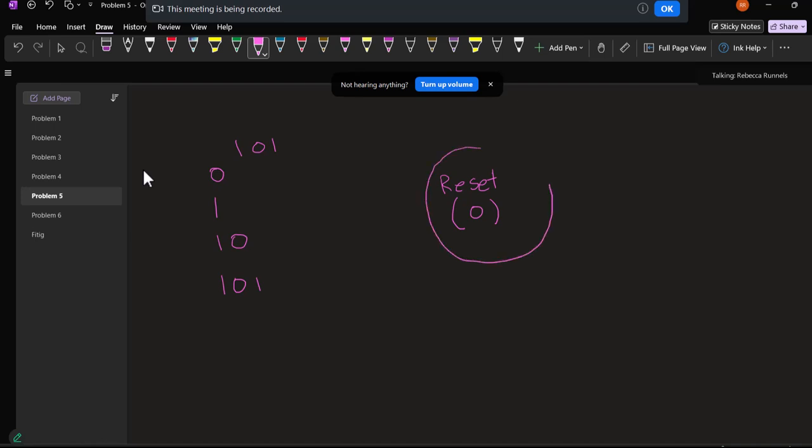So reset, and I can also just put reset here, the same as if I've gotten a 0. Now, if I have a 0 and I get another 0, have I made any progress towards getting my sequence? No. So I write that like this. I'm going to go back to the same state that I was in.